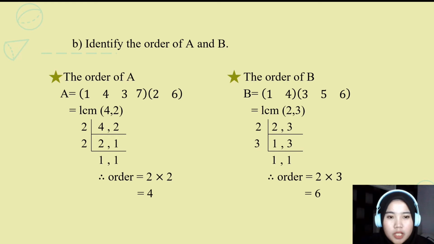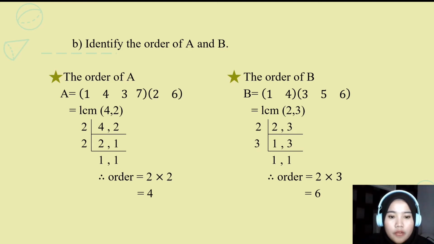Okay, next we need to identify the order of A and B. For the order of A, from the previous question, we got (1 4 3 7) and (2 6). So we use the least common multiple to identify the order of A. We get 4 and 2, which are the lengths of the cycles in A. So from the LCM, we get 4.